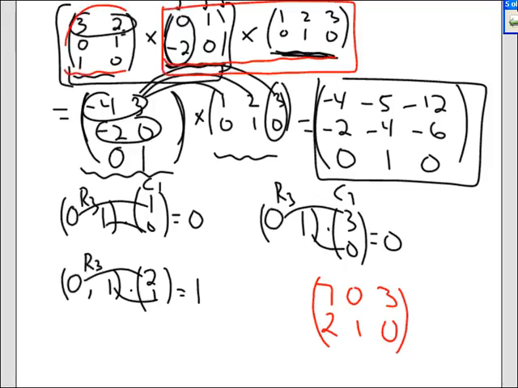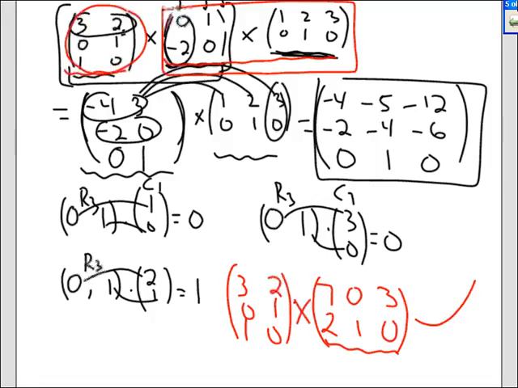You must put this 3, 2, 0, 1, 1, 0 to the left. And assuming by some miracle this is right, when you multiply these two matrices, you will get the answer that we got a couple of minutes ago.